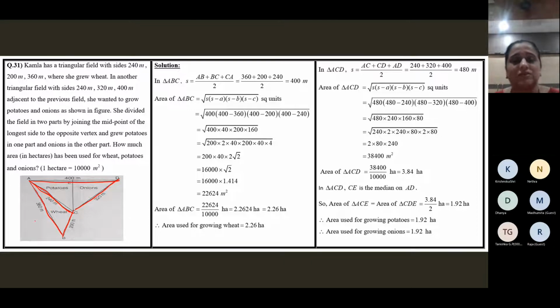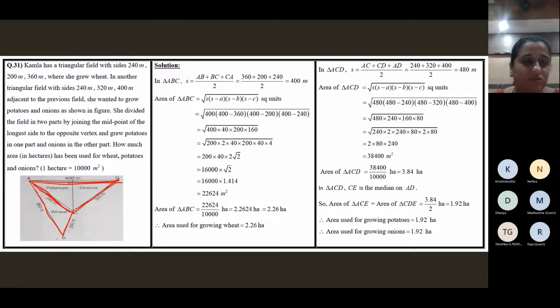So just next to the previous field. You can see the two fields are connected. They're not in two separate places. They're next to one another. So adjacent.